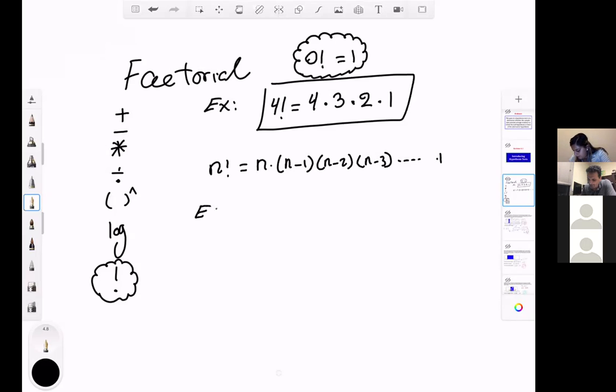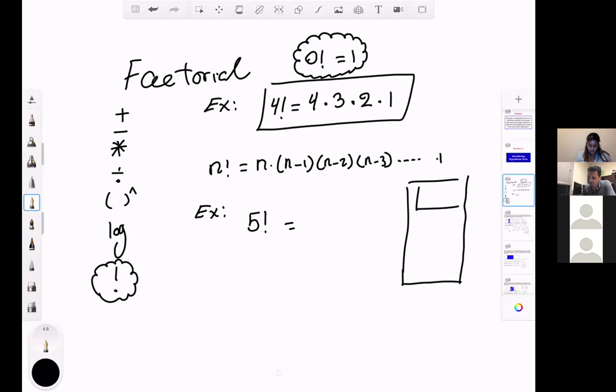One example for you guys. What is the value of 5 factorial? On your calculator, whether a graphing calculator or even a basic calculator, there is a factorial button.